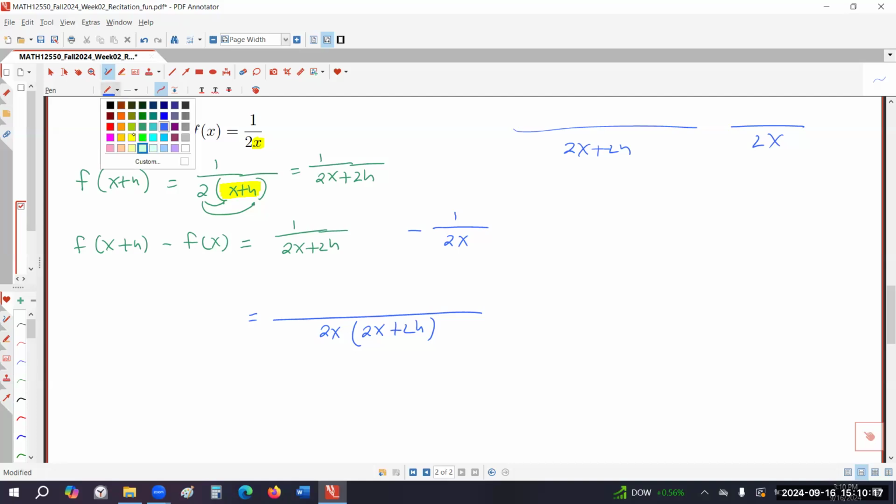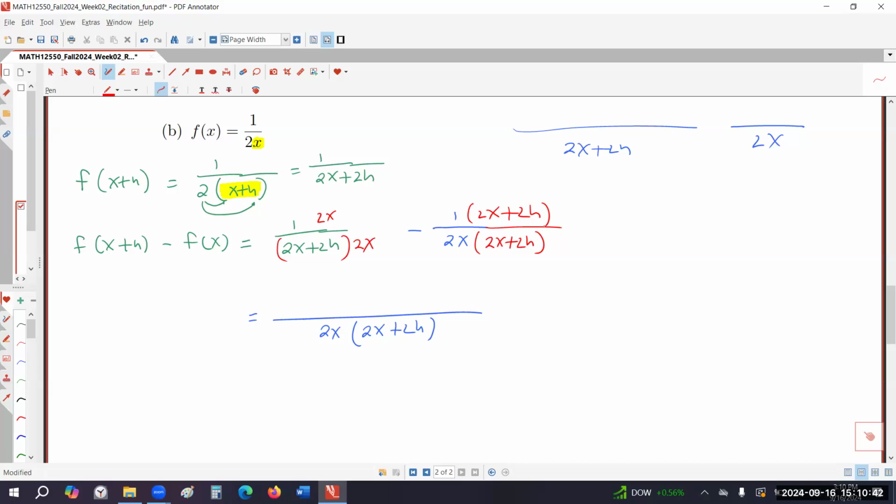That means we need to multiply this expression by 2x on the top and bottom, and need to multiply this expression by 2x plus 2h, top and bottom. Now we see both denominators have the same thing, 2x times 2x plus 2h.